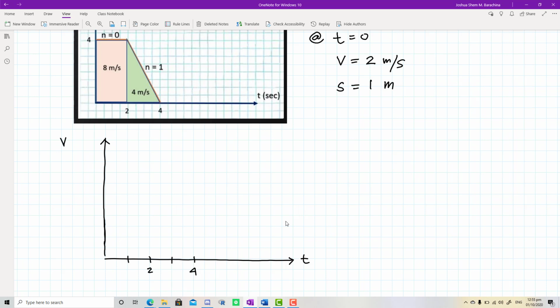Velocity is in meters per second. And this would be elements of 2 na lang. We have a different scale for the x and y axis. It is shown by this scale numbers. Okay.